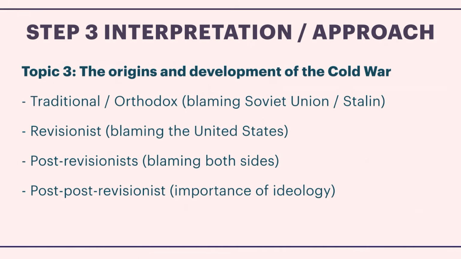If you are doing the next topic, the origins and development of the Cold War, there are about 4 approaches. The first will be the traditional or orthodox, which blames the Soviet Union or Stalin. Then the revisionists blame the United States. Then the post-revisionists blame both sides, the US and the USSR.